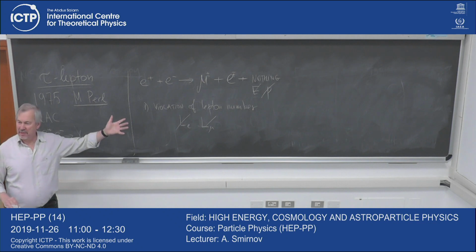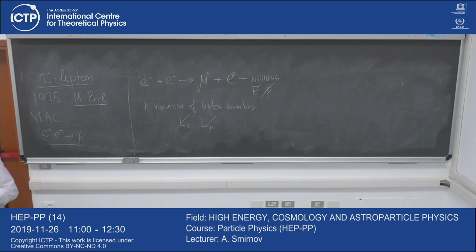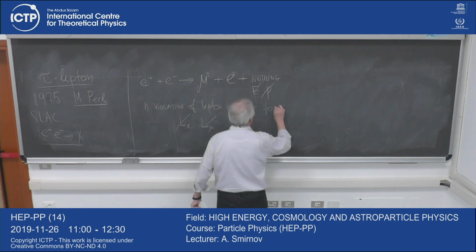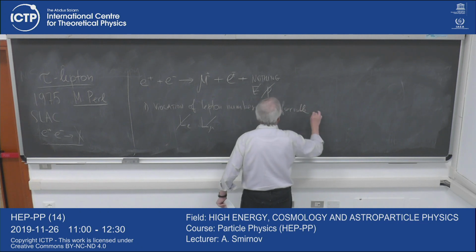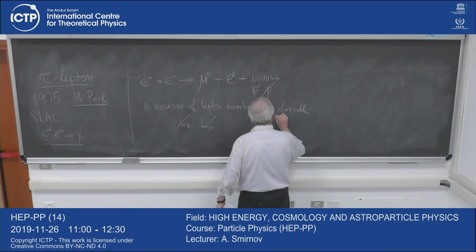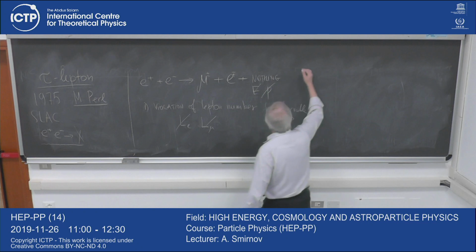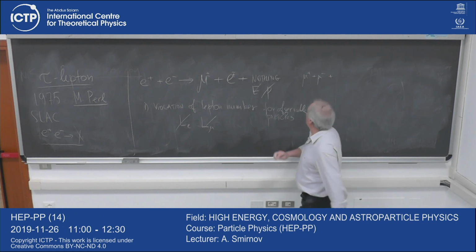What has been observed is a violation of lepton number, for observable particles. That distinguishes this type of events, when you have mu+ or mu-, plus something.